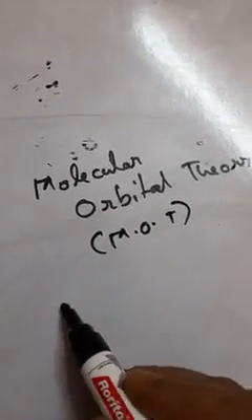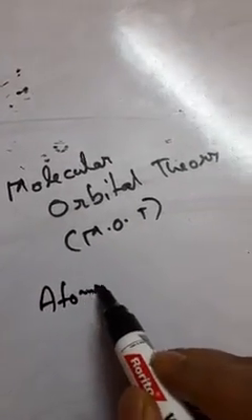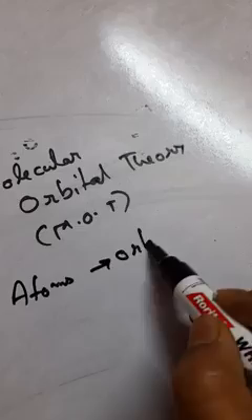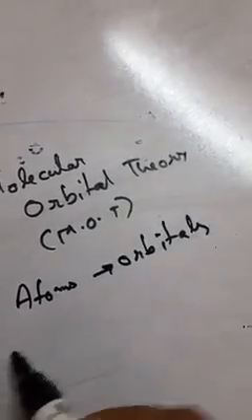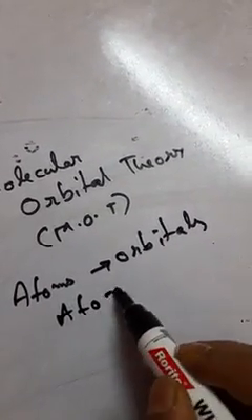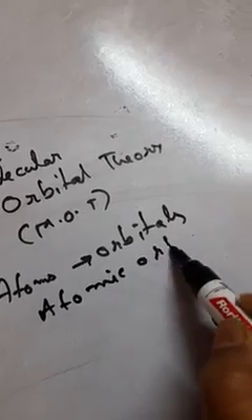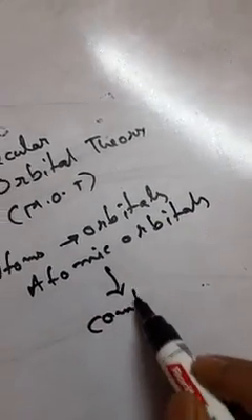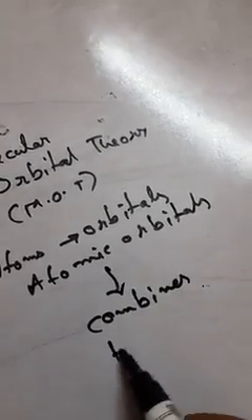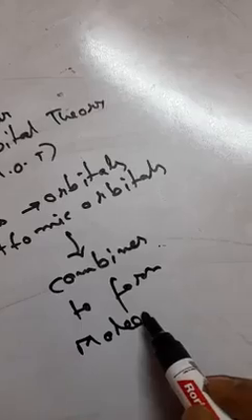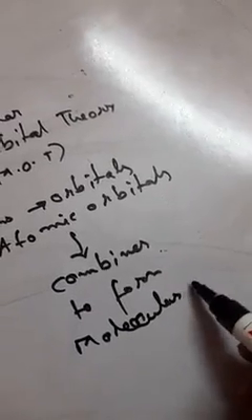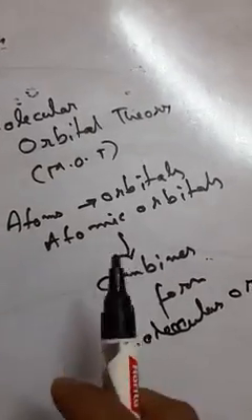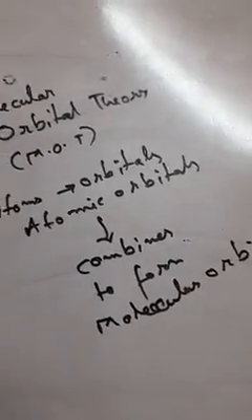We know atoms have orbitals in them, and these atomic orbitals, when combined, form molecular orbitals. So atomic orbitals combine to form molecular orbitals.